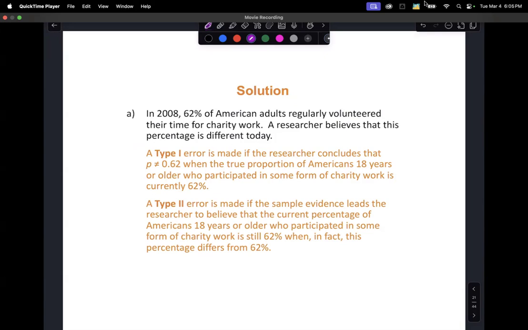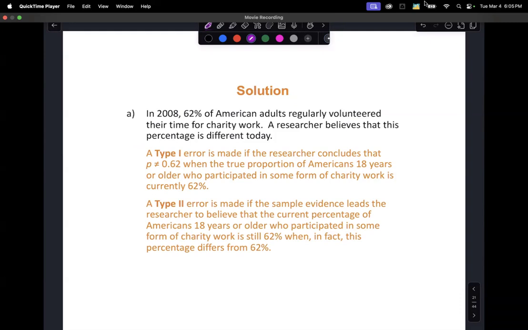If the researcher rejected the null hypothesis, I did it backwards. If they said, hey, it's different, it's not 62%, but then it turns out to be 62%, that's a type 1 error. Type 2 error: if the number of people who volunteer for charity work is different than 62%, but they're saying, hey, it's only 62%, that's a type 2 error.